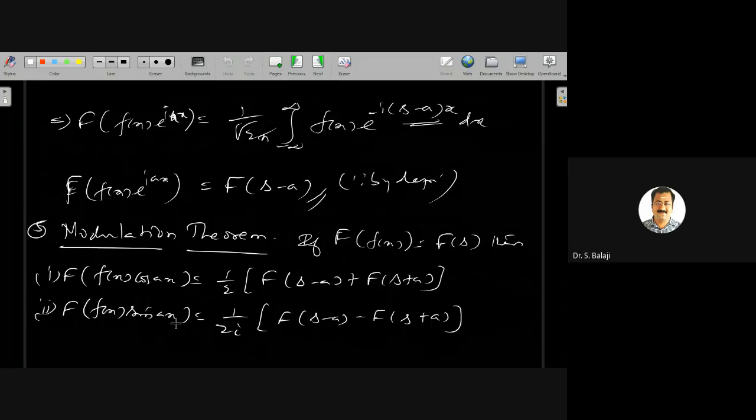Similarly, subdivision number 2, when sine is multiplied: the Fourier transform of f of x sin ax equals 1 by 2 of F of s minus a minus F of s plus a. Okay? Right.